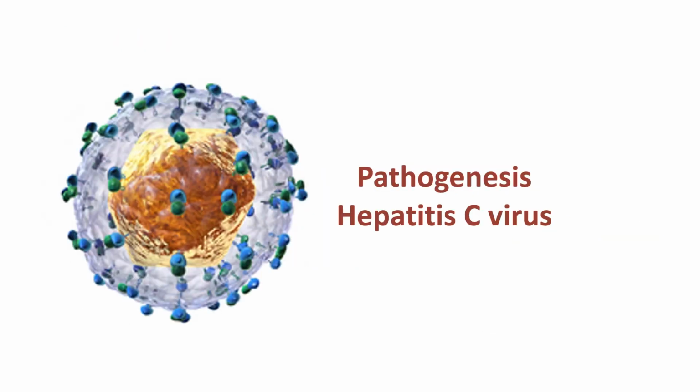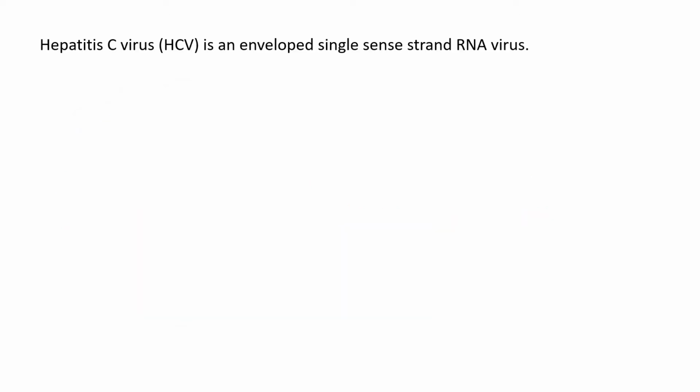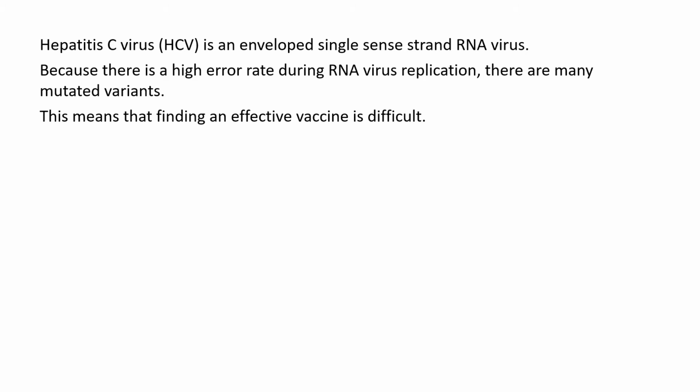So first of all, let's have a look at hepatitis C virus. Another little virus. So what it is, this is what we need to know, isn't it, in terms of replication? It's an enveloped single sense strand RNA virus. And of course, we have a high error rate during RNA virus replication.